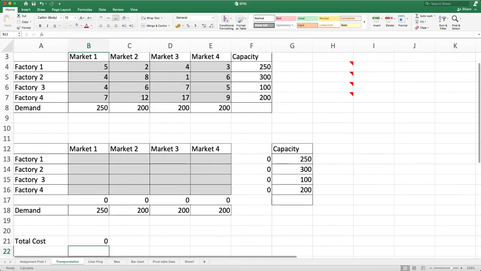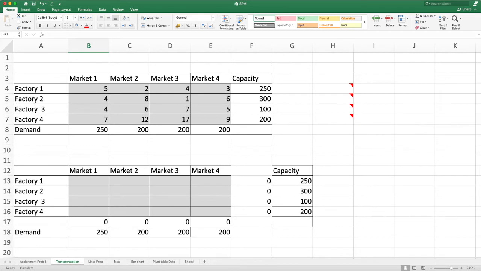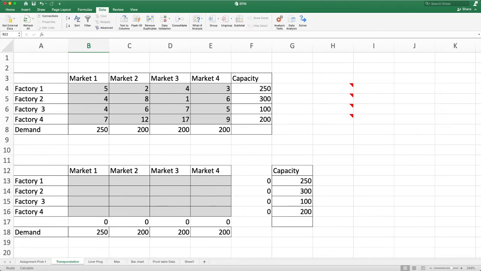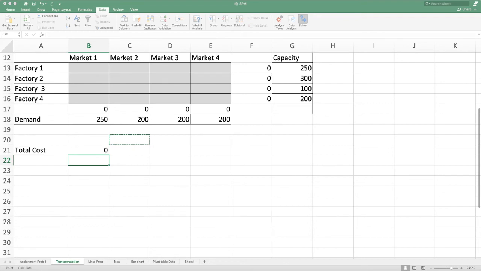Then go to Data and take Solver. Which is the objective? The objective is to find out the total cost.